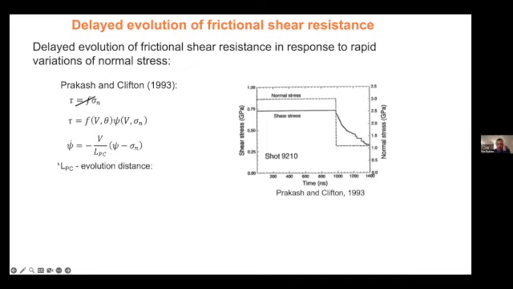So that at steady state, when psi dot is equal to 0, then psi is equal to sigma n, and then we recover Coulomb friction. But during rapid variations, this difference makes it a different law, really.